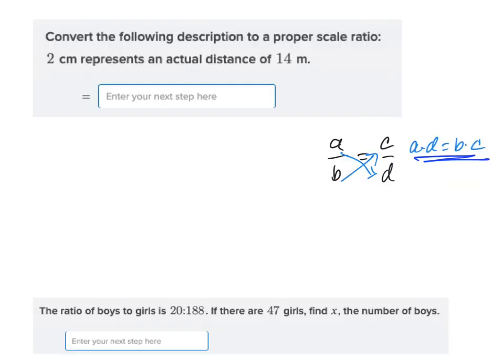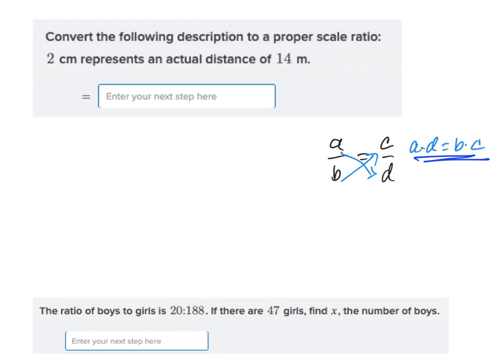All right. Okay, so when we look at this one, convert the following description to a proper scale ratio. 2 centimeters represents an actual distance of 14 meters. Okay, so when we write a scale, we always want to know, what does 1 centimeter equal, because that's what we're drawing.